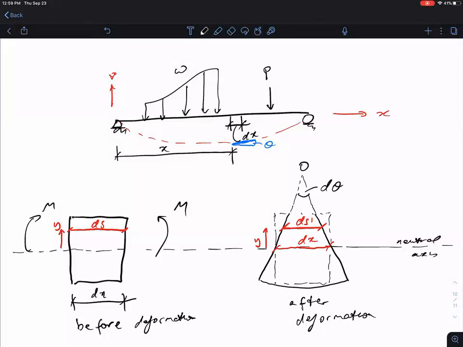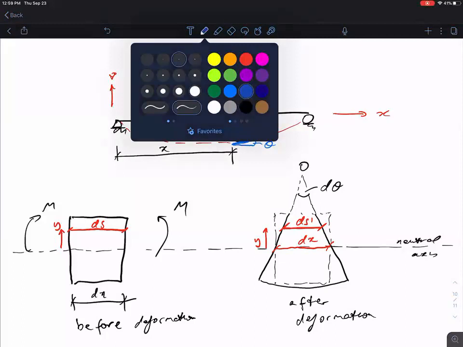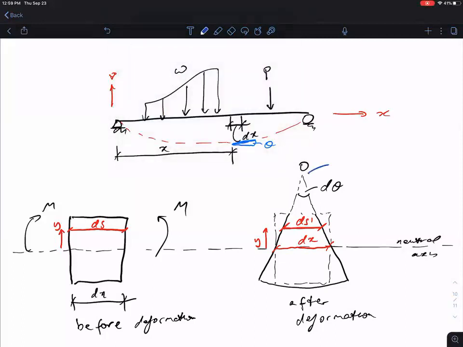We're also going to define a radius of curvature of the arc dx, right? And that radius of curvature we'll denote as rho. Right, so again, that radius is measured from the center of rotation of the two planes to the arc dx.